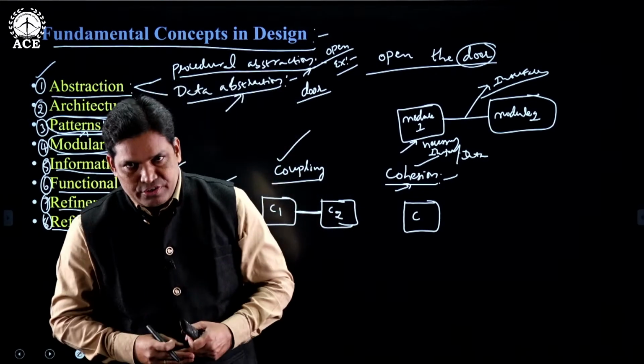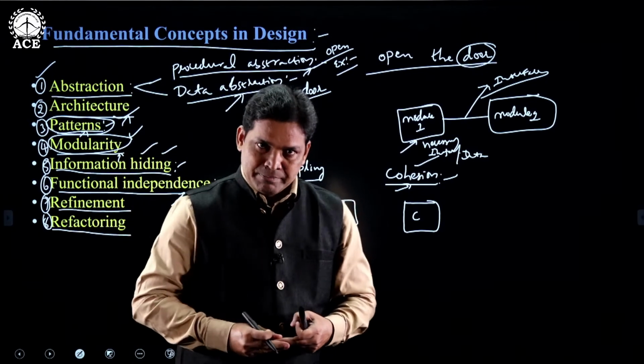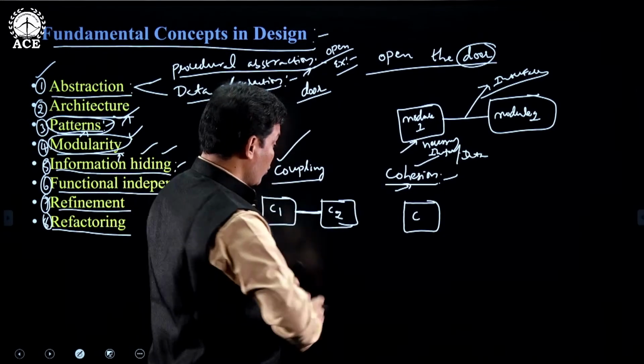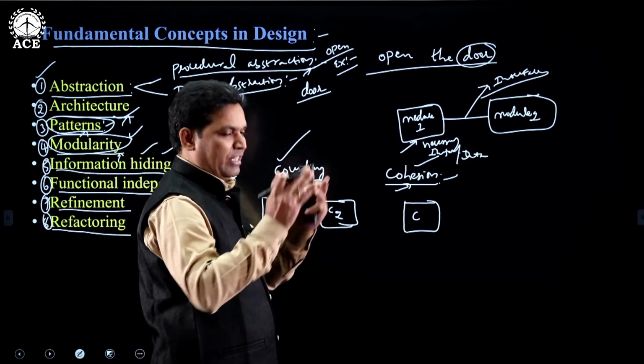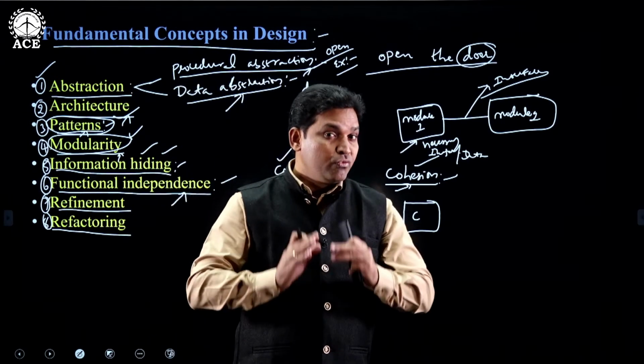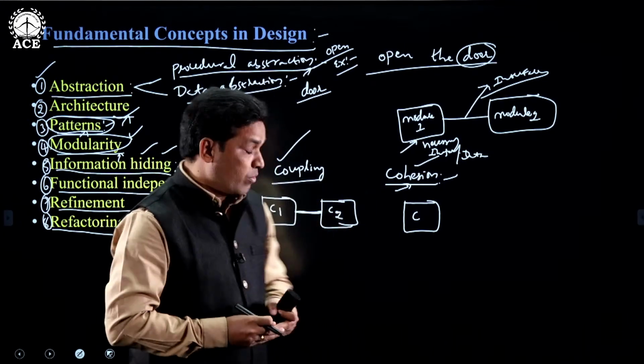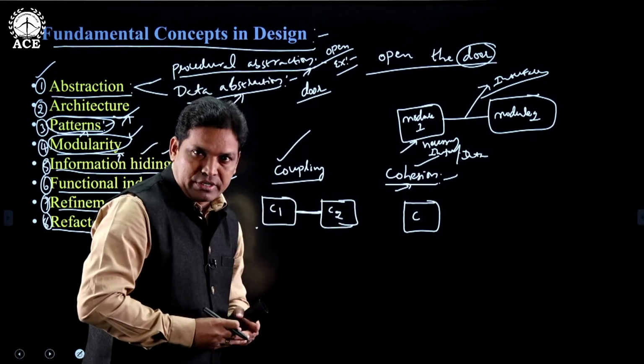So why do coupling and cohesion play a major role while designing a software system? That's the question here, right?